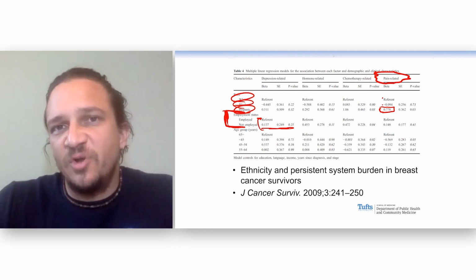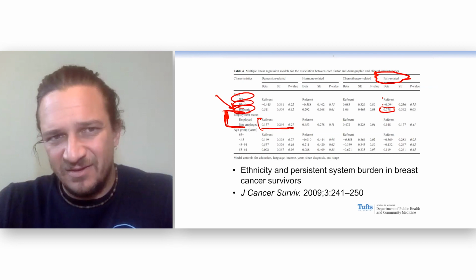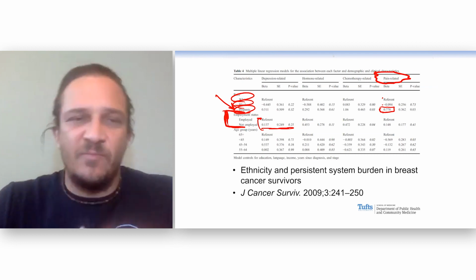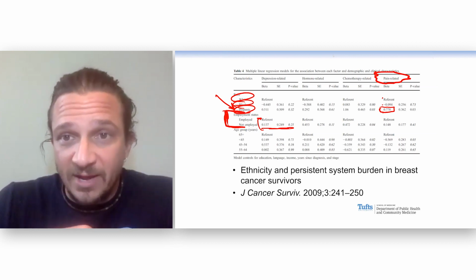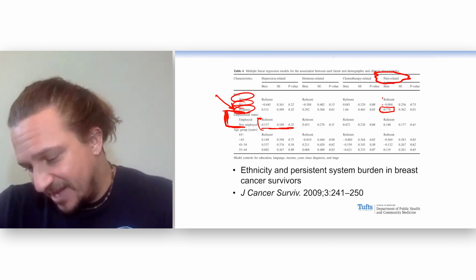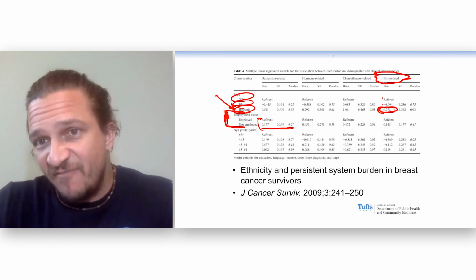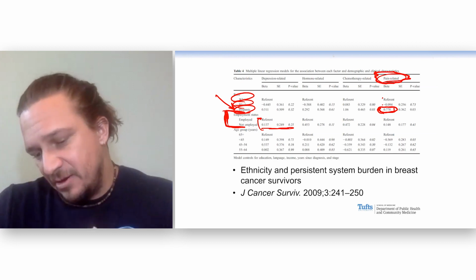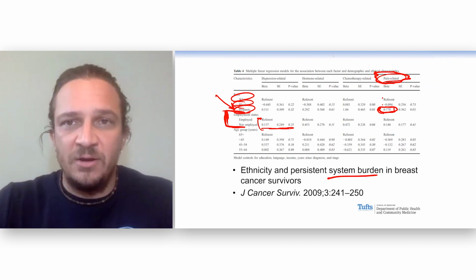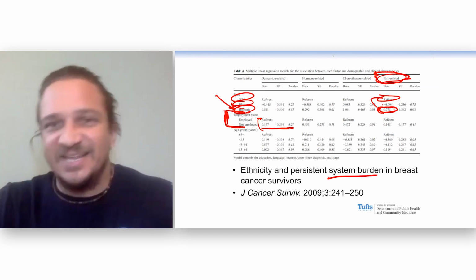Well, our definition of a slope would be for a 1 unit increase in Hispanic, how does symptom burden change? Well, here now the reference is white. So we have to say that Hispanic breast cancer survivors on the average have 0.77 higher pain-related symptom burden relative to whites. You have to say what that reference is.